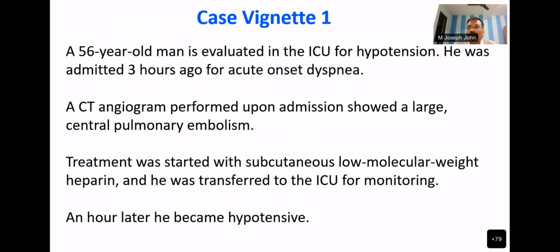Just to give some thought provocation along the way, let's visit this 56-year-old man who was evaluated in the ICU. He was admitted about 3 hours ago with acute onset of dyspnea. CT angiogram on admission showed a large central pulmonary embolism.